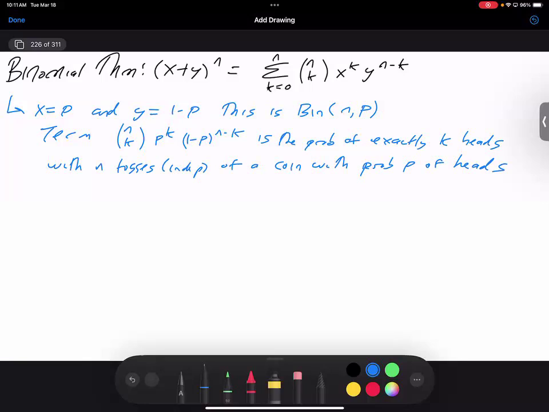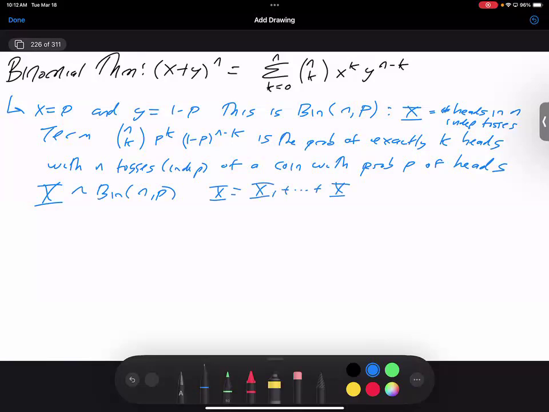And we showed, so here, x is equal to the number of heads in n independent tosses. So x is binomial n, p, but x was also equal to x1 plus through xn, where each xk was Bernoulli p. And so we used linearity of expectation to calculate the expected value of x.